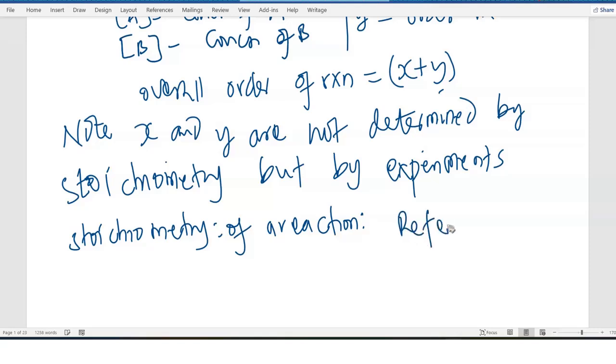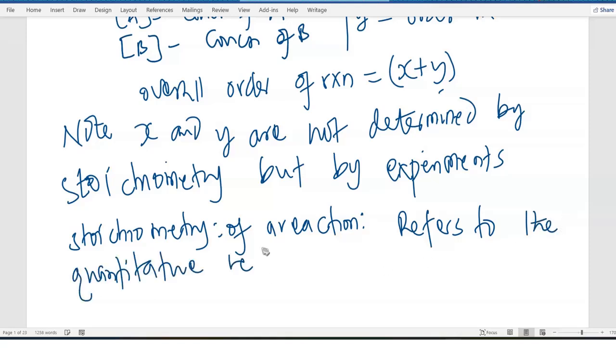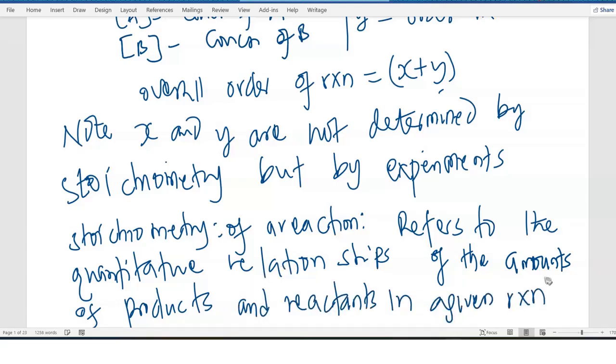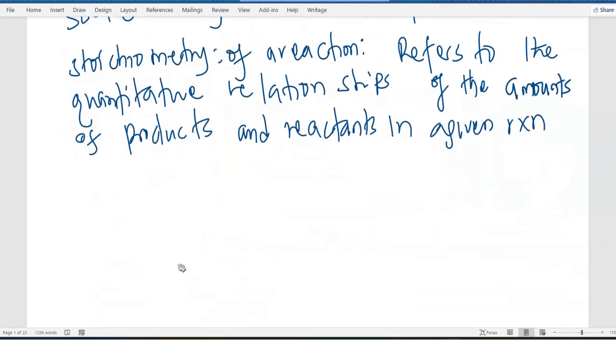So we can say it refers to the quantitative relationships of the amounts of products and reactants in a given reaction. So that is what stoichiometry is talking about.